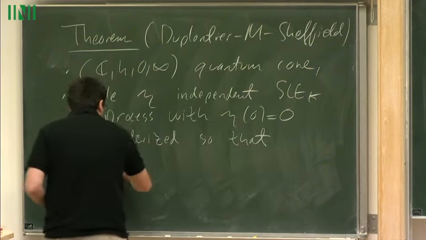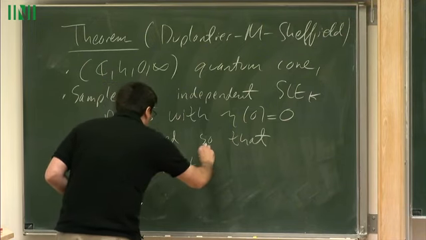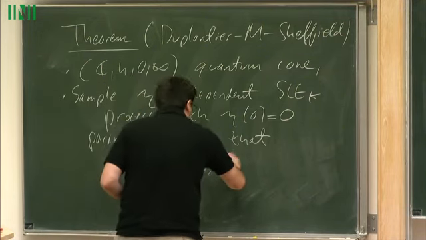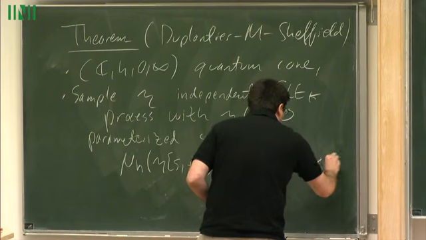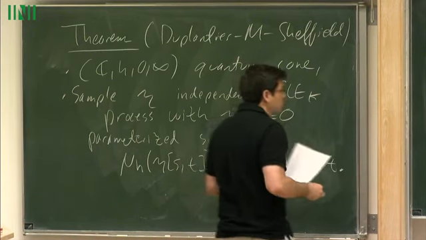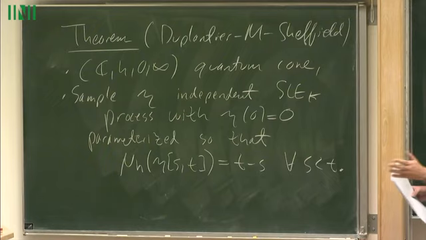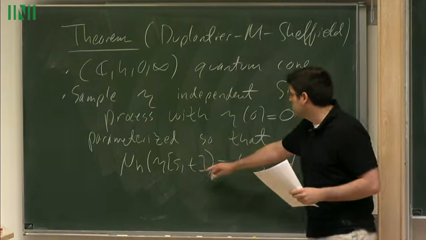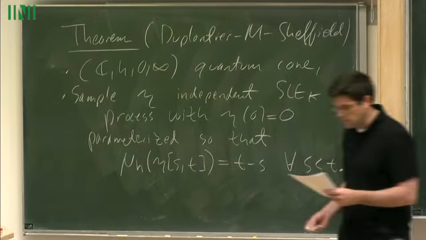So what you want is that mu h of eta from time s to t is going to be equal to t minus s for all s less than t. Okay, so again, the SLE is sampled independently of the quantum cone, but after sampling it, you then reparameterize it so it satisfies the condition that it parameterizes 1 unit of mass in each unit of time.